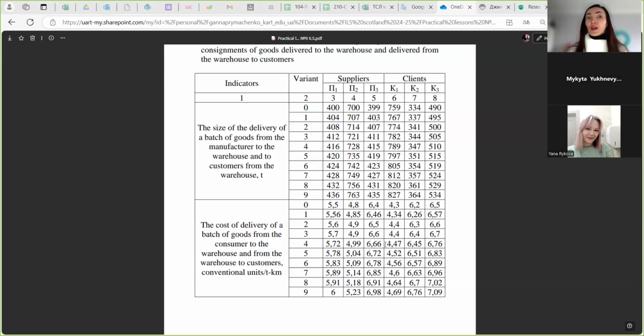And multiply by the size of delivery. Also for supplier number 3. Zero variance, it is 399. First variance, it is 403. Second variance, it is 407. Find this information for your variant and calculate the result.